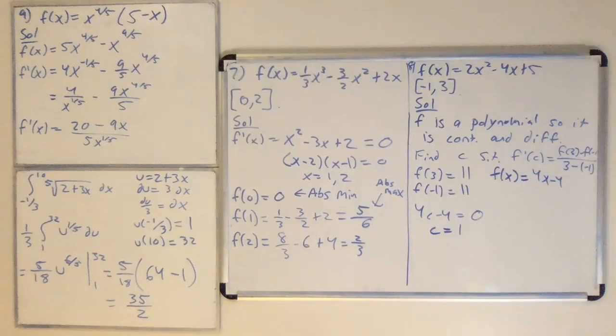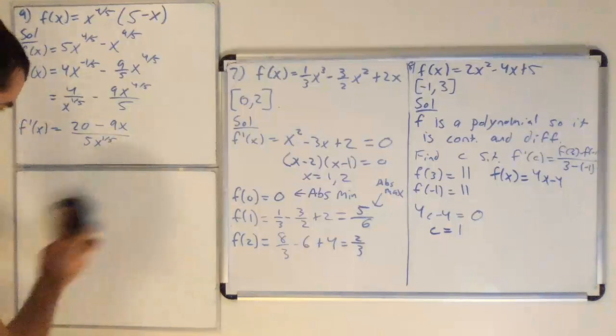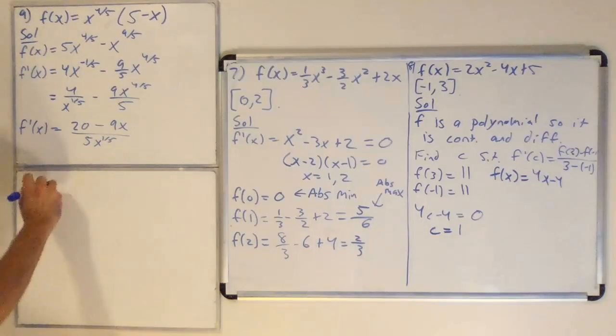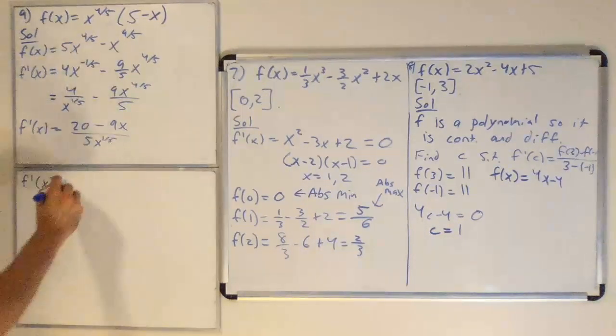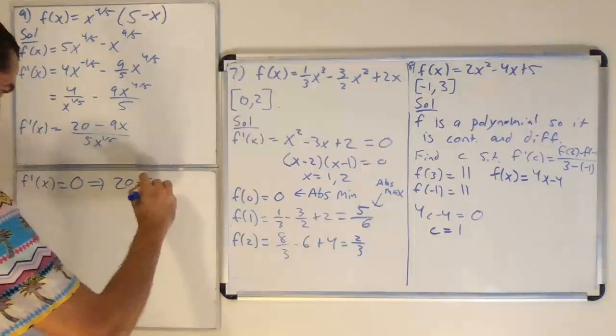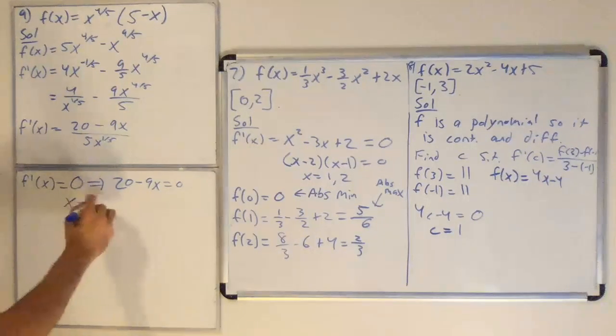Okay, so to find the critical numbers, we have to find both where our derivative is 0 and when it's undefined. So our derivative is 0 implies that the numerator is 0. So x is equal to 20 over 9.